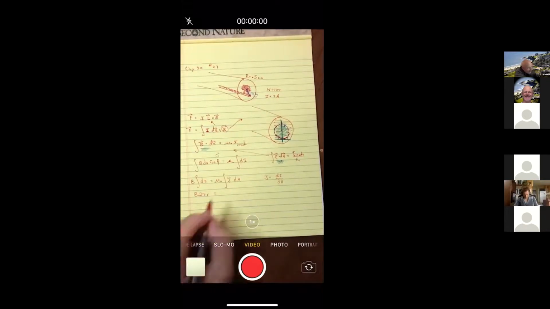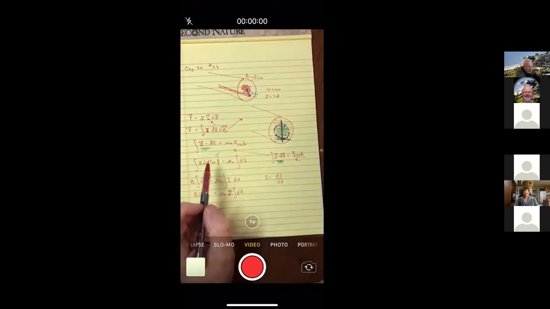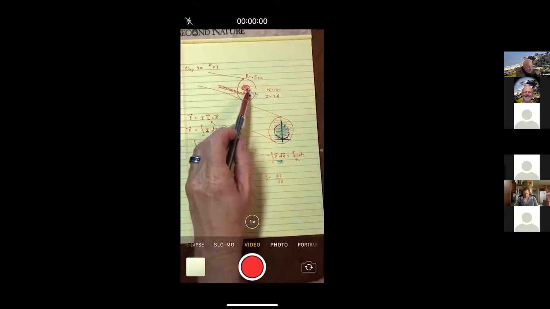And they were nice to me because they made the current density uniform. That is, they said everyone in here has the same 2 amps.